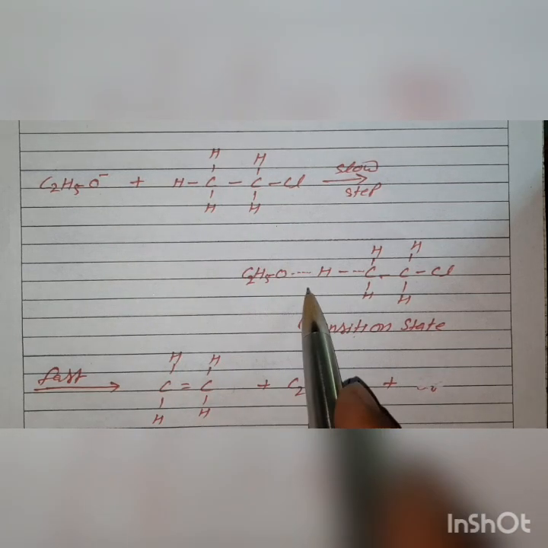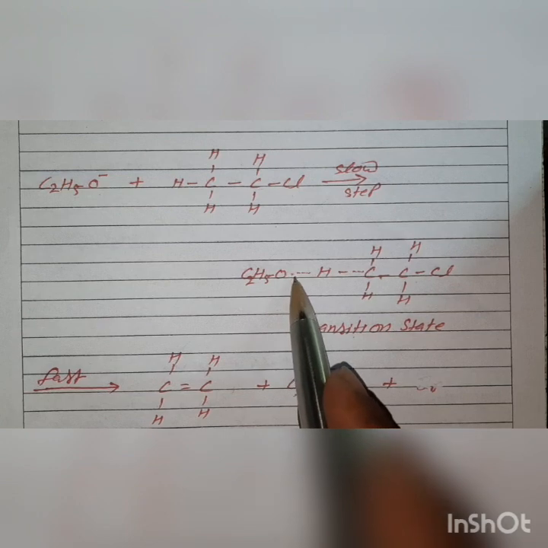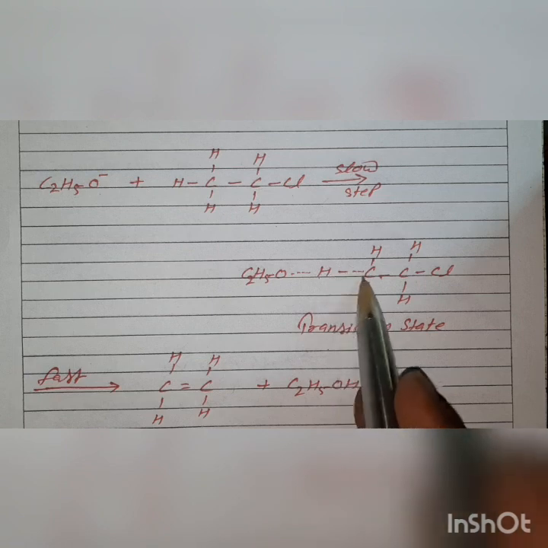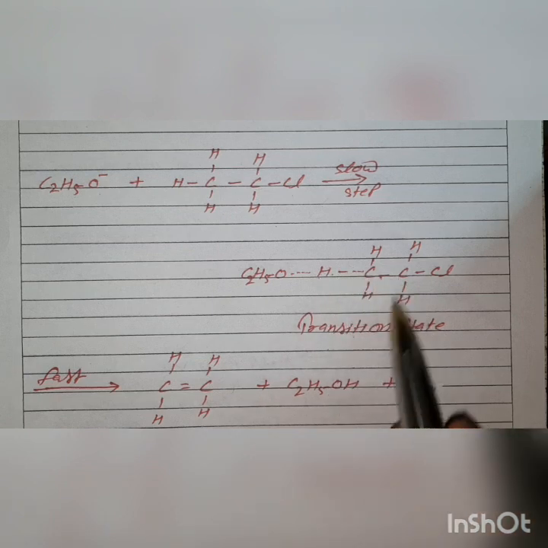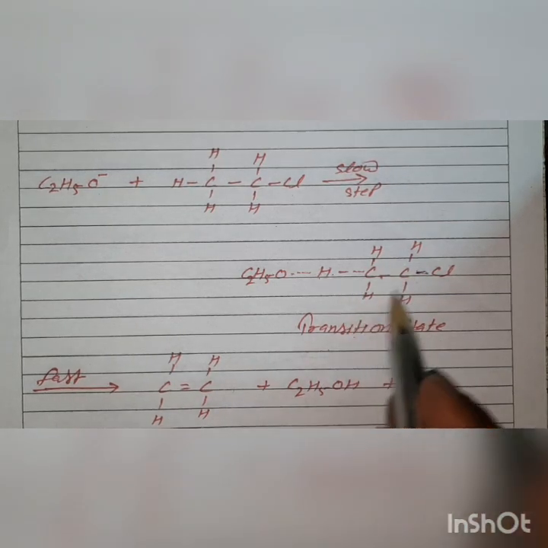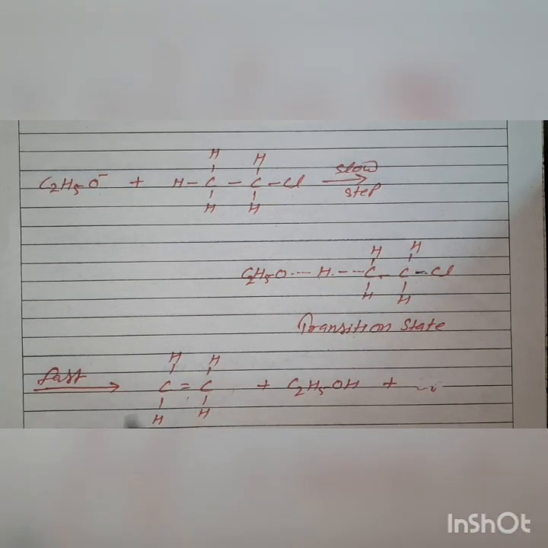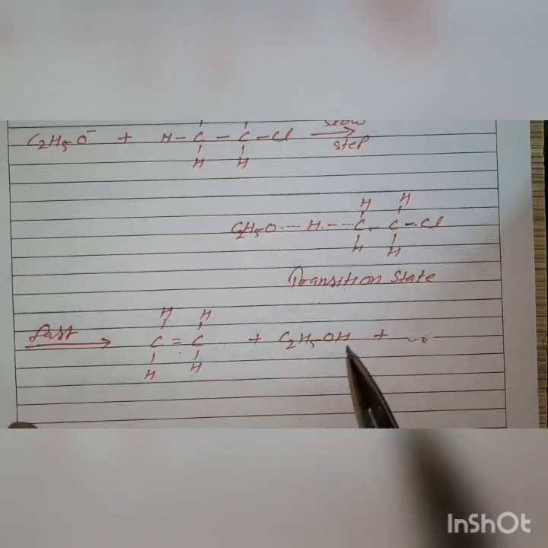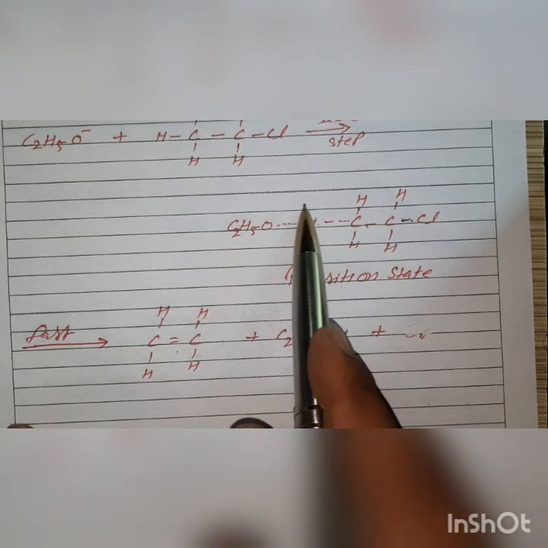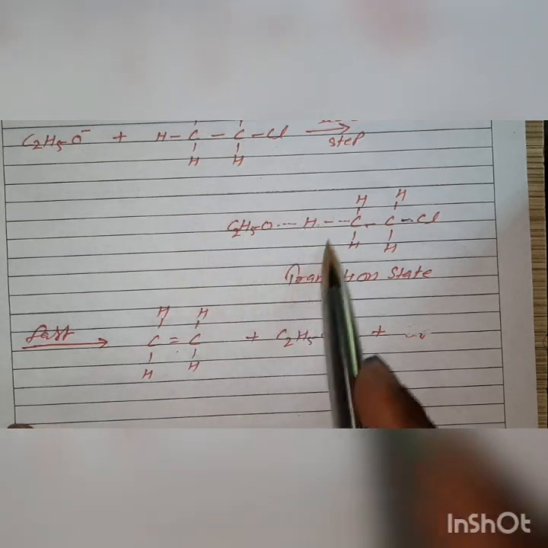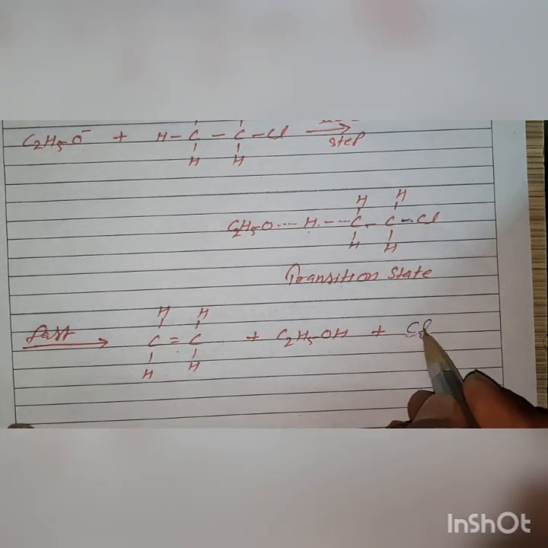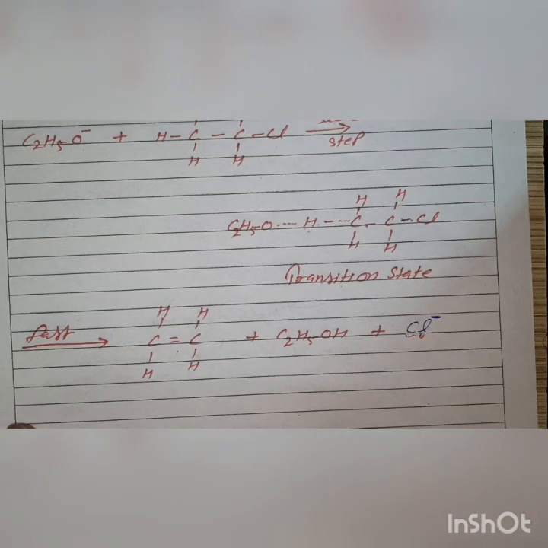So you see oxygen links with hydrogen, and the hydrogen is removed from this carbon atom, and also chlorine is removed from this carbon atom. So both carbon atoms link with each other by a double bond, and C2H5O converts into alcohol with the help of a hydrogen atom, and the chlorine atom is removed as an ion.